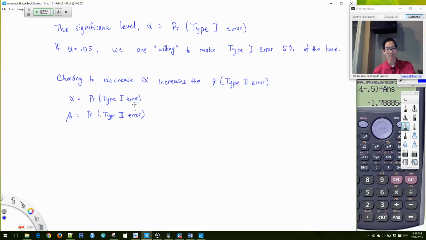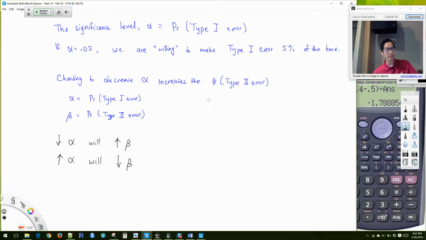That's actually where we get the word alphabet from, alpha and beta. The more you know. So the general relationship is, decreasing alpha will increase beta, and on the other hand, increasing alpha will decrease beta.